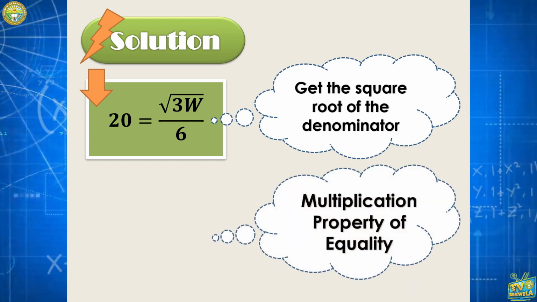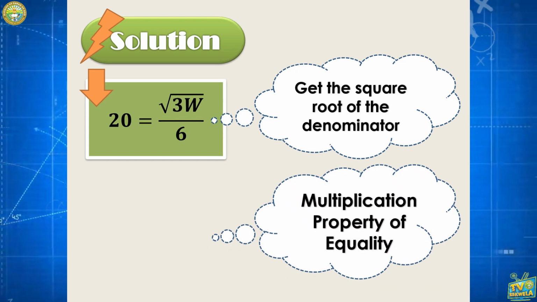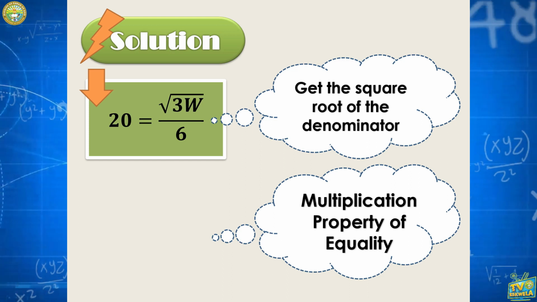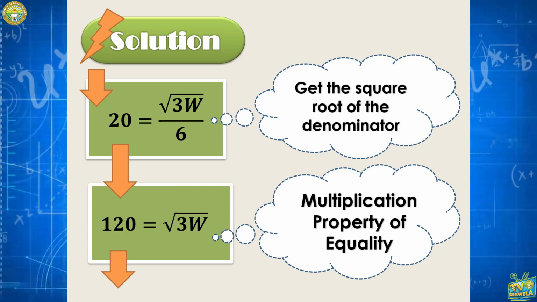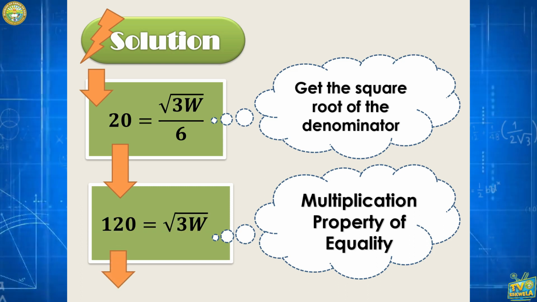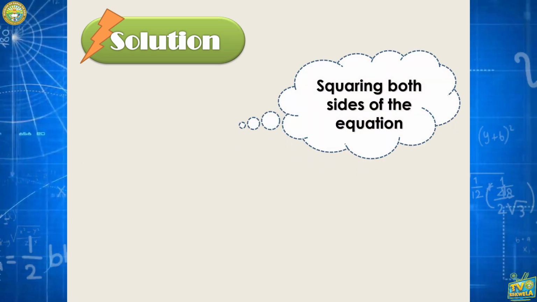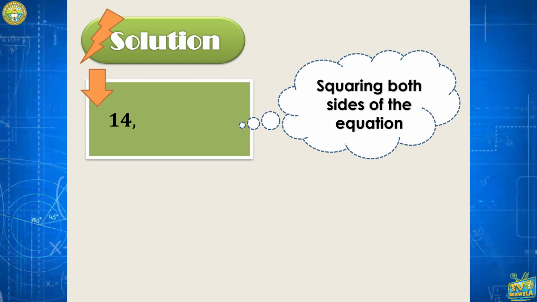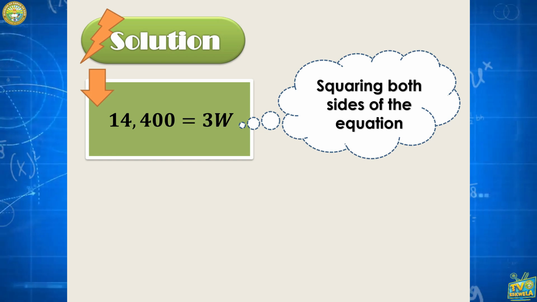By multiplication property of equality, we can multiply both sides of the equation by 6. Therefore, 120 equals square root of 3W. Then, squaring both sides of the equation gives 14,400 equals 3W.